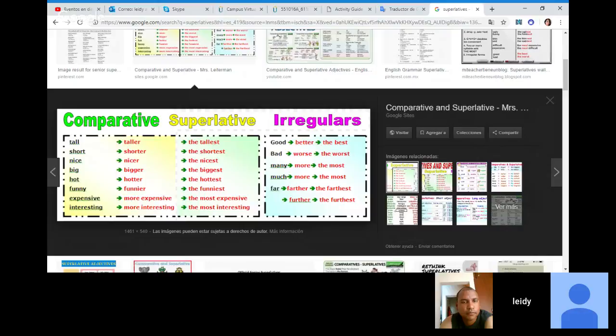When you are comparing one thing, you write first more, later you write the adjective that has three syllables or more. And in the superlative, you write the, like article, later you write most, like superlative, and later you write the adjective, expensive, yes? Yes. Now, do you have any question about it?